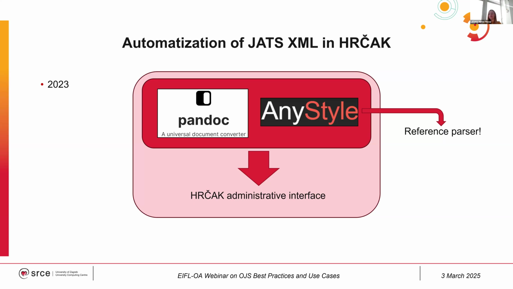The technology behind automated conversion is based on Pandoc, a universal document converter, which demonstrated the most precise results among open source converters in our tests. Additionally, for parsing references, the service relies on AnyStyle, which is also open source software.